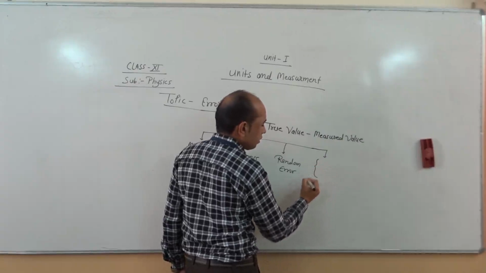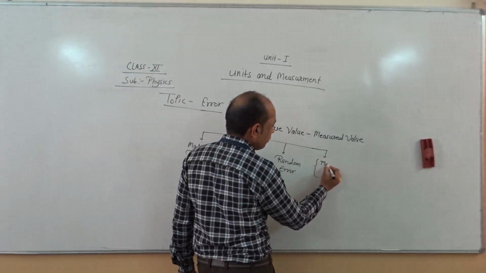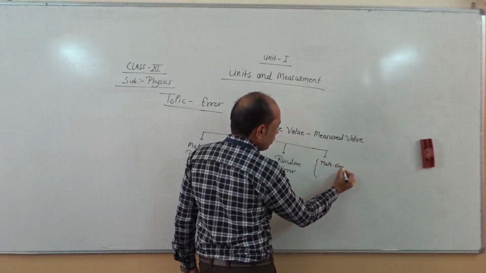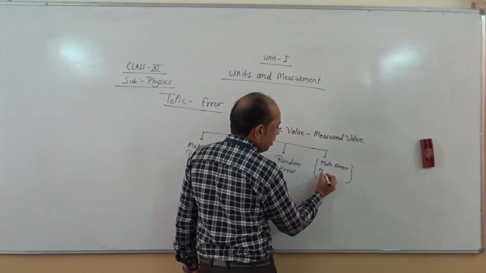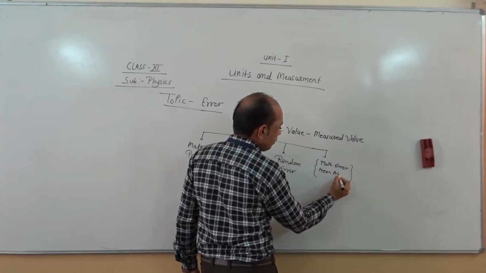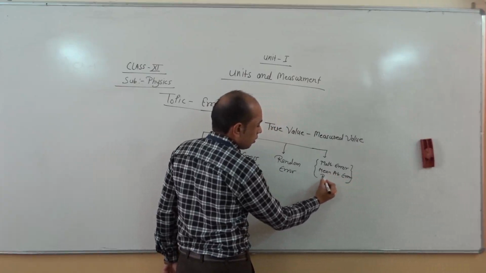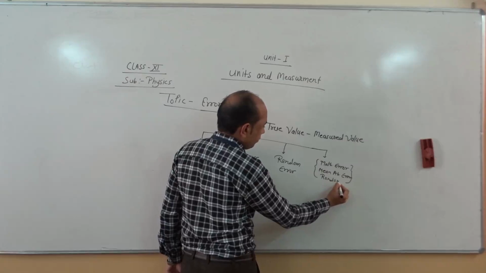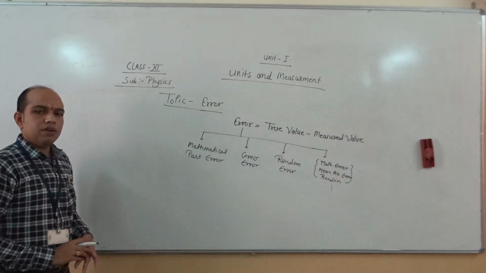So again, the second part is related to mathematical error: mean, absolute, random, and so on. So one by one here we discuss.